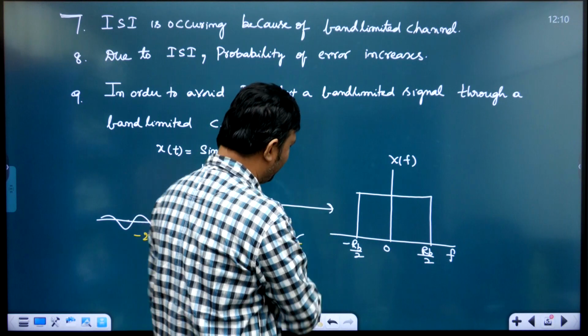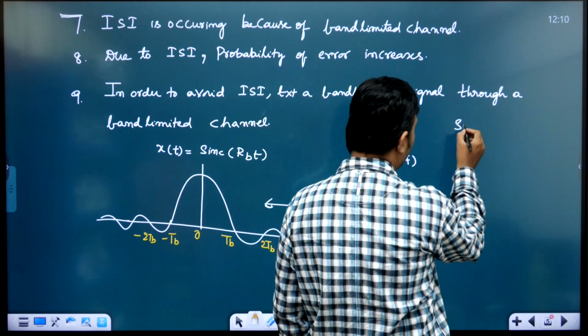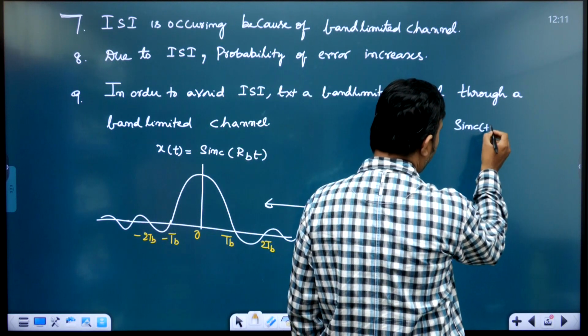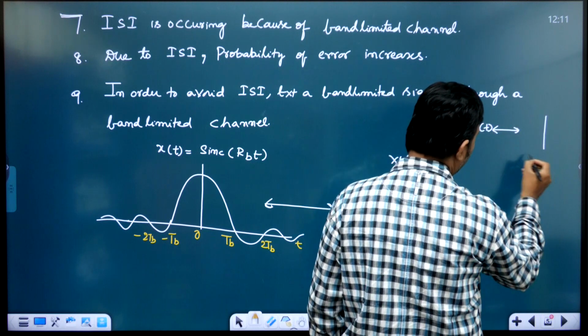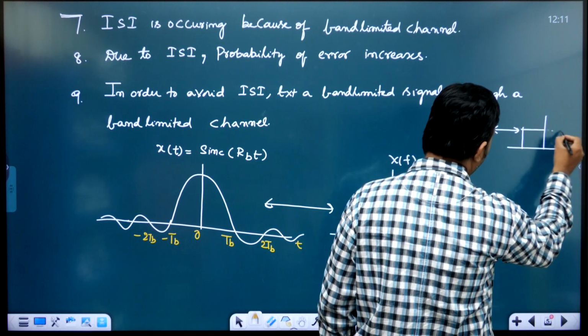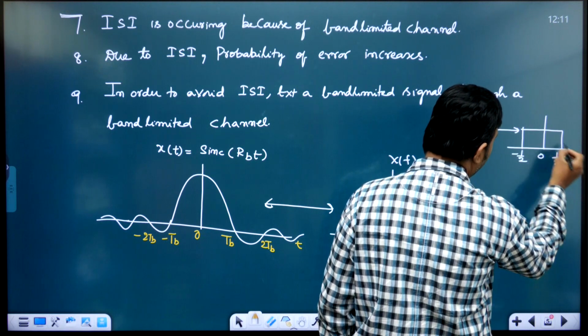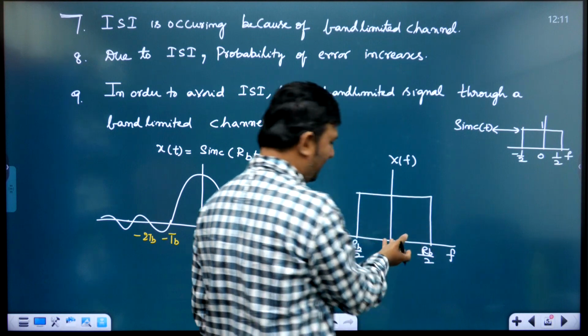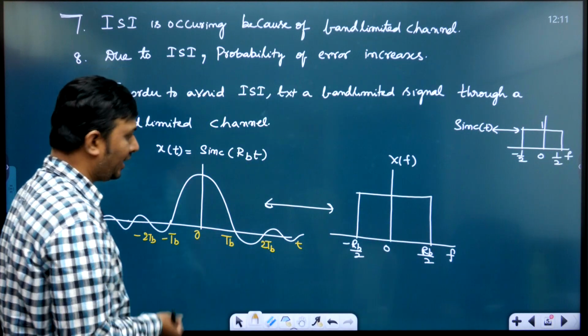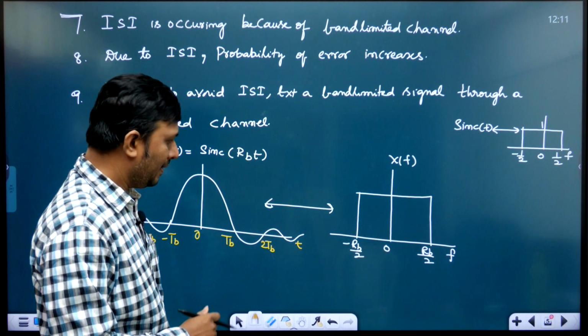You can easily calculate. The Fourier transform of sinc of t is a rectangular pulse varying from minus half to plus half, and using the time scaling property you can easily get it. I am assuming that you can do this, right?